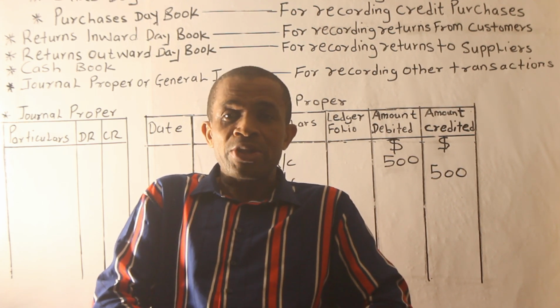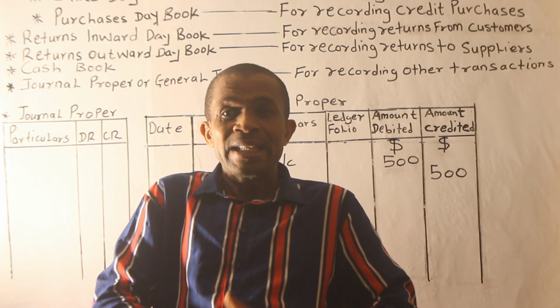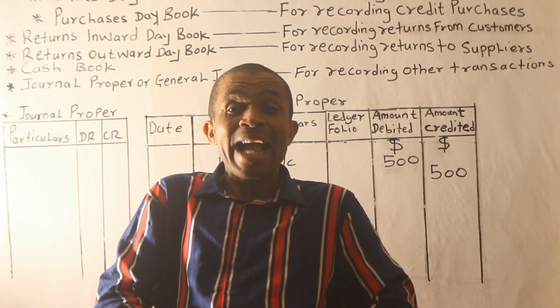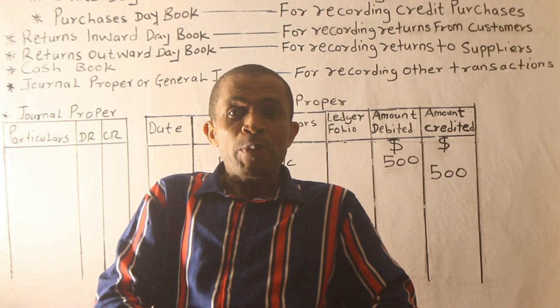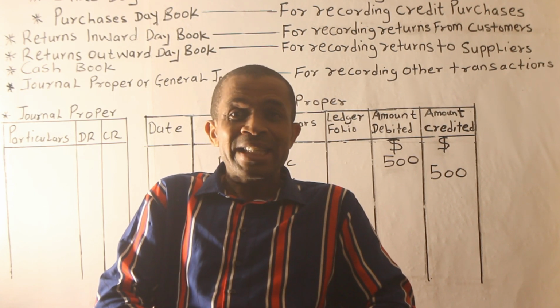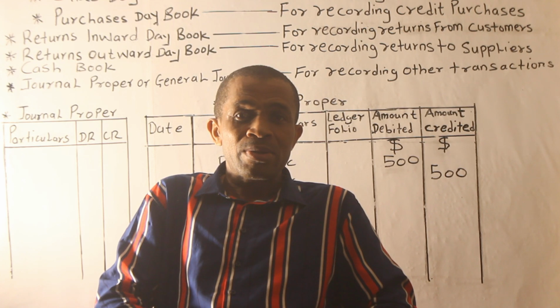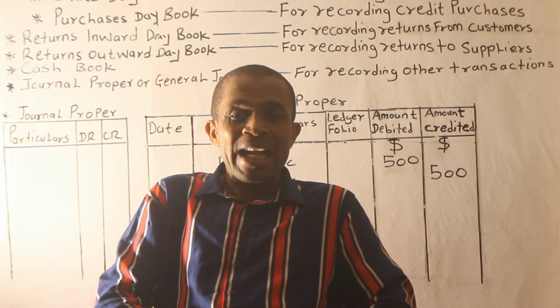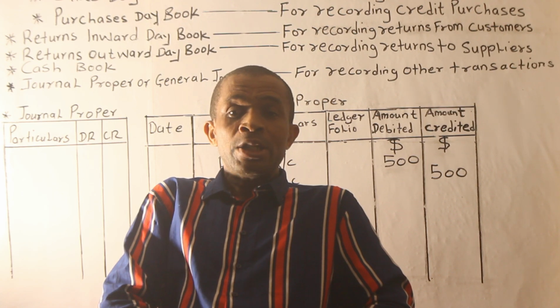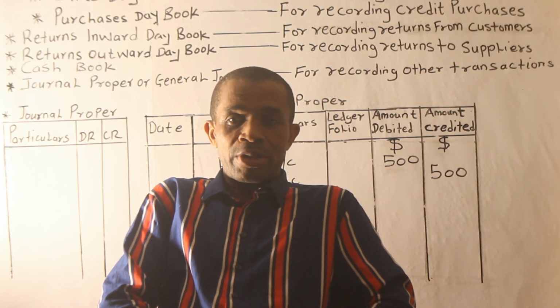If these transactions are posted directly to the ledgers as they occur, the purchases account, the sales account, the return inwards account, and the return outwards account, respectively, will end up containing too much detail.